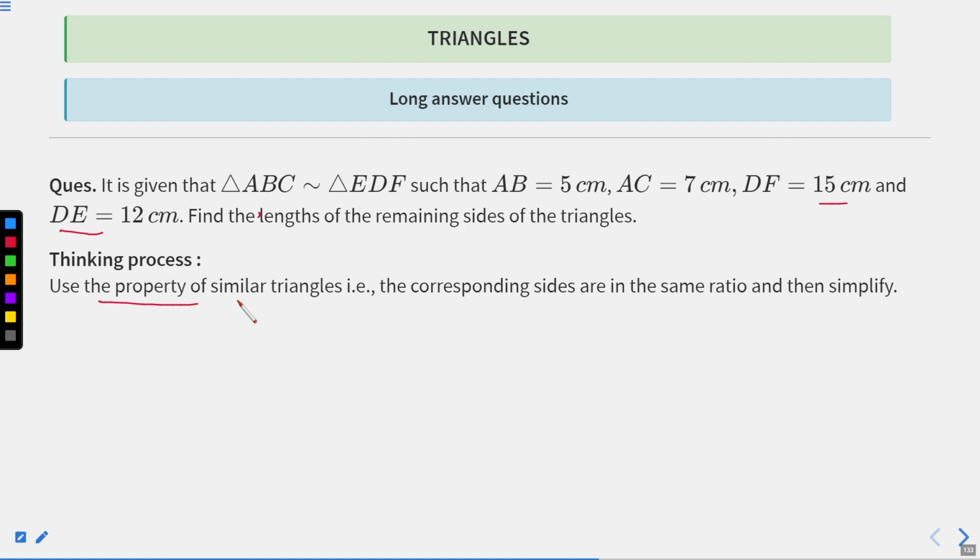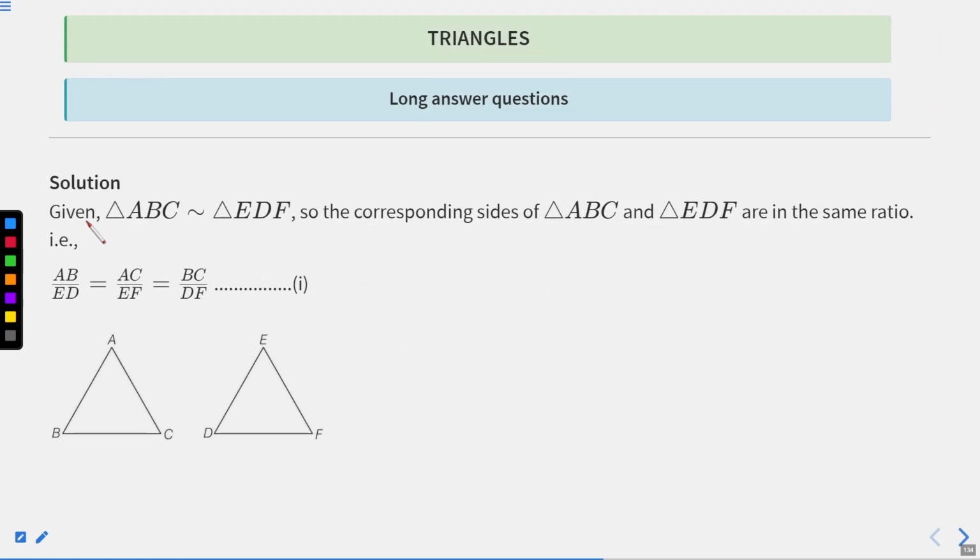And then simplify. Okay, so given triangle ABC is similar to triangle EDF, the corresponding sides of triangle ABC and triangle EDF are in the same ratio, that is AB by ED, this side by this side, is equal to this side divided by this side, and this is equal to this side divided by this side.